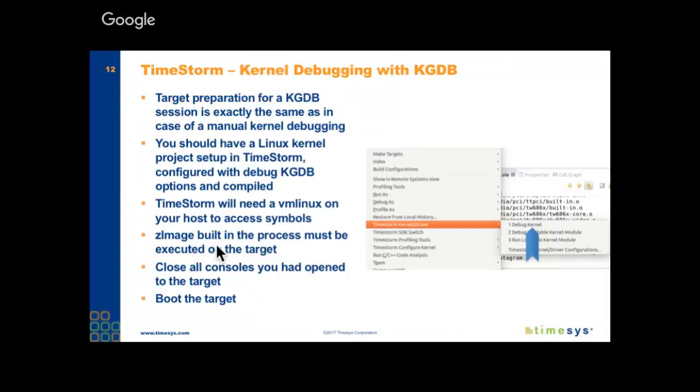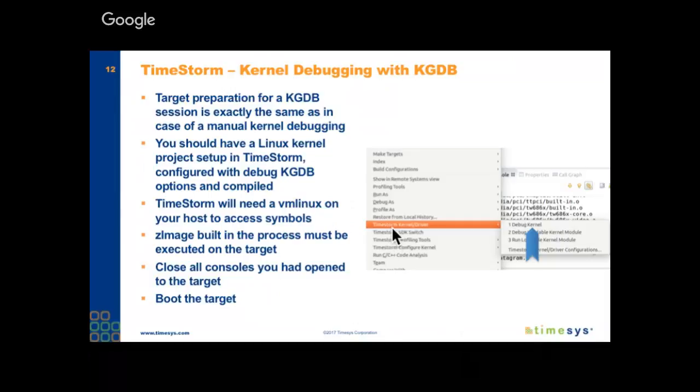It will produce the zImage, and to debug the Linux kernel with TimeStorm, we said that we're going to use the serial connection. It happens that on that same serial connection, we typically have a console open. So it's important for us to close the console before we start a Linux kernel debug session, unless you have several consoles and you can set up your system such that the console is output on not the first, but the second or third serial line, and debug always happens on line 0.